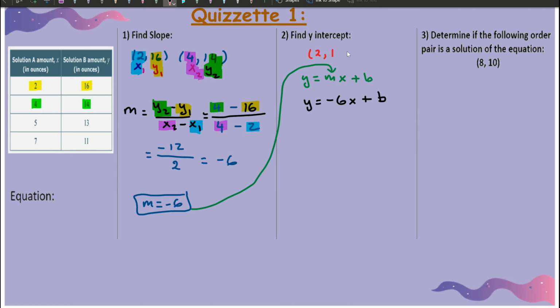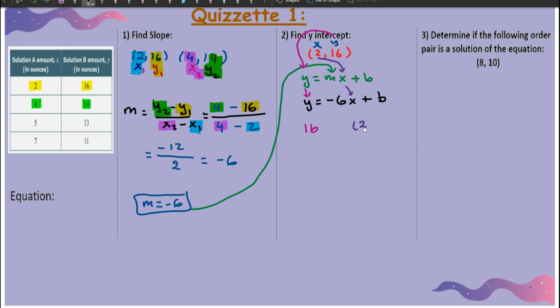2, 16. As an xy ordered pair, we don't need 1 or 2 anymore because in this case we only have x and y. So it's not important to put the order. Our y value is 16, so you plug it in. Our x value is 2, so that goes in place of x.